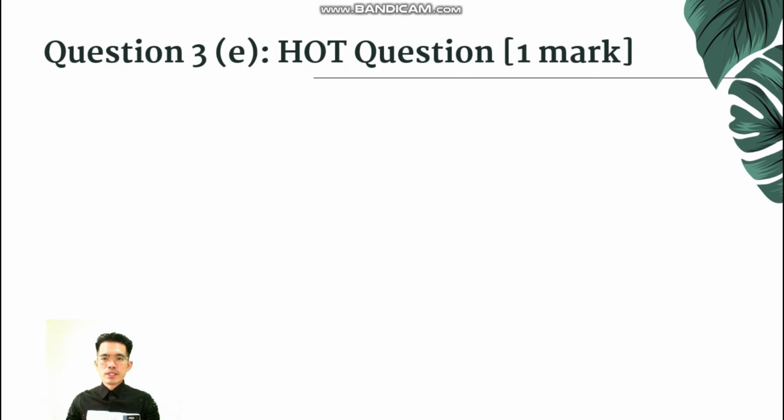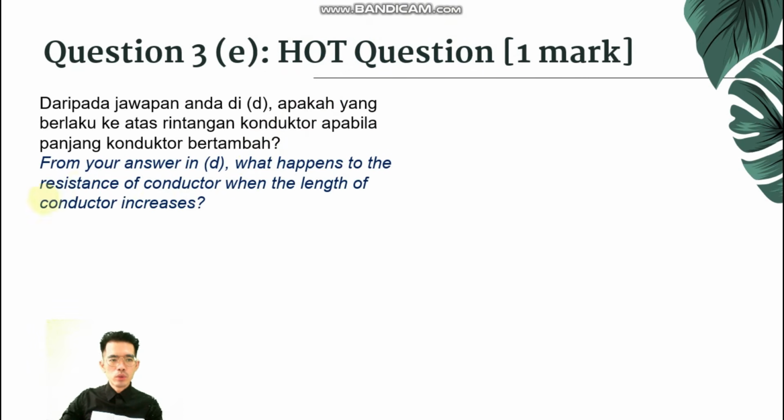Okay, this is the last question for question number 3. Normally it will end up with the HOTS question, 1 mark. Look at the question. From your answer in D, what happens to the resistance of the conductor when the length of the conductor increases?